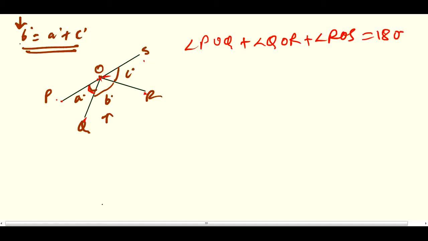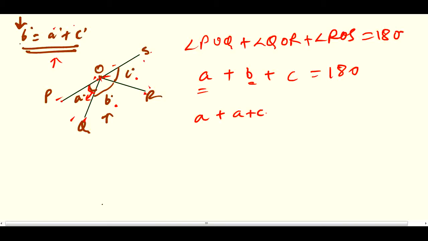Now POQ value is A, so we will write A, plus QOR is B, so we will write B. Then ROS is C, so we will write C equals 180. Now A will be A, then the value of B is given to us in the question as A plus C, so we will write A plus C equals 180 degree.